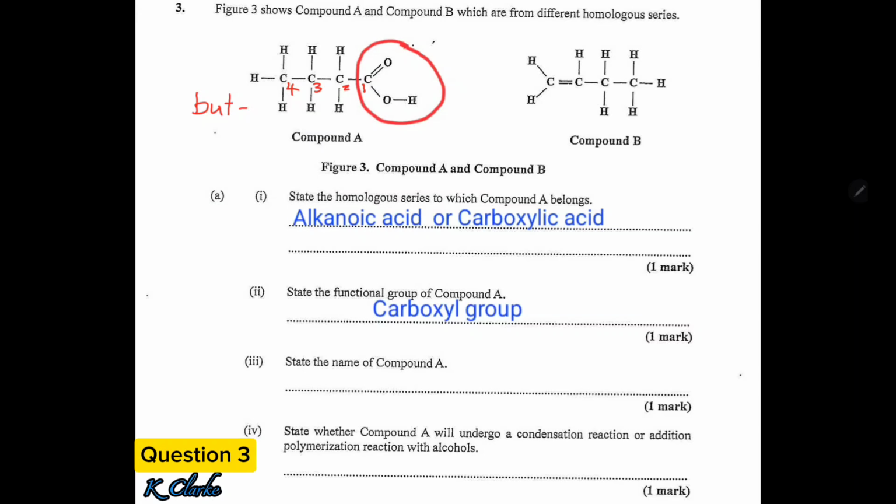Therefore, the name is butanoic acid. Part 4. State whether compound A will undergo a condensation reaction or addition polymerization reaction with alcohols. The answer is condensation polymerization.